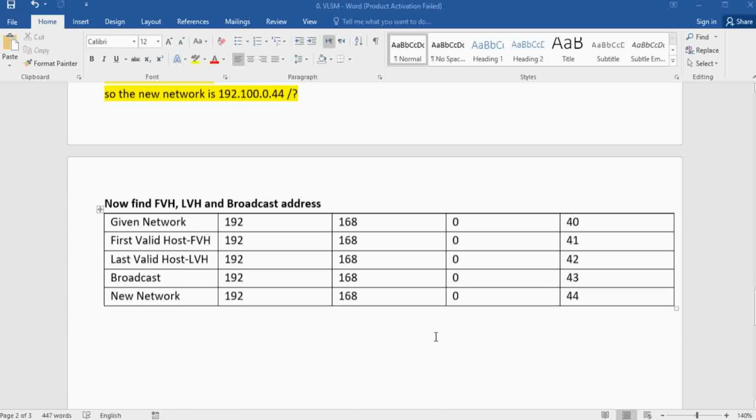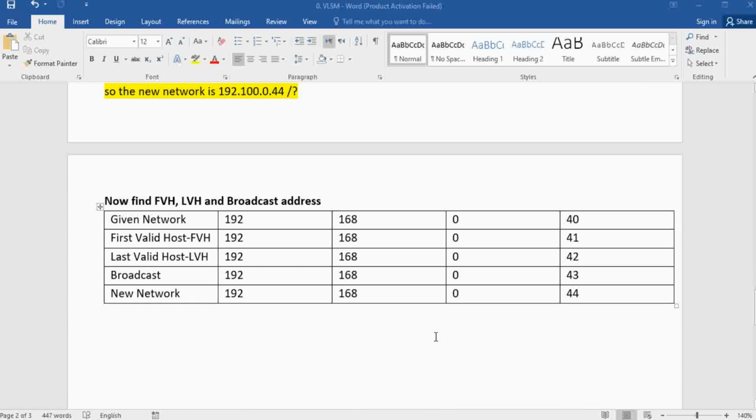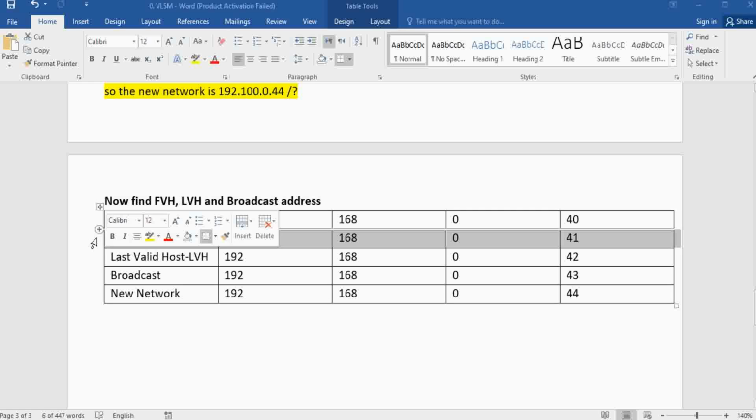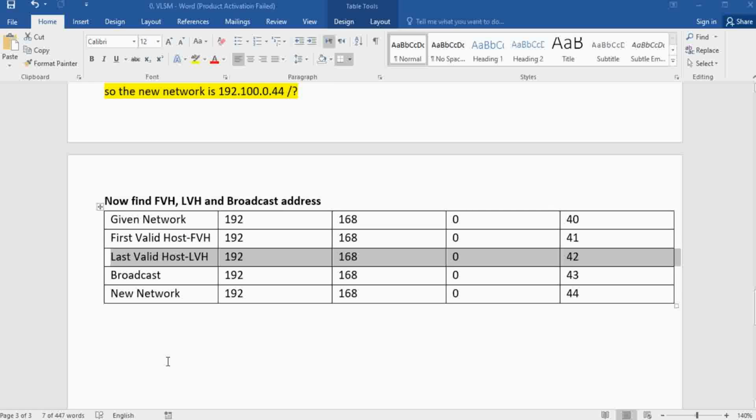Now is the time to solve questions 4 and 5 together. Make a table like this. Now find FVH, LVH, and broadcast address. Given network 192.168.0.40. First valid host, FVH, 192.168.0.41.